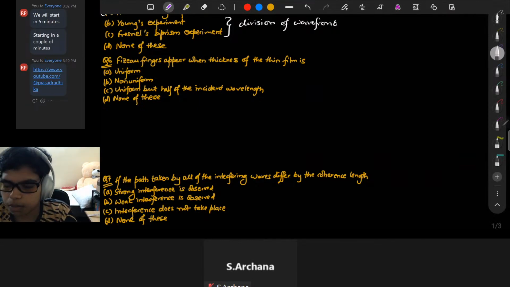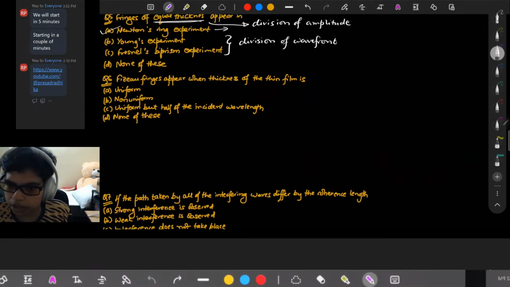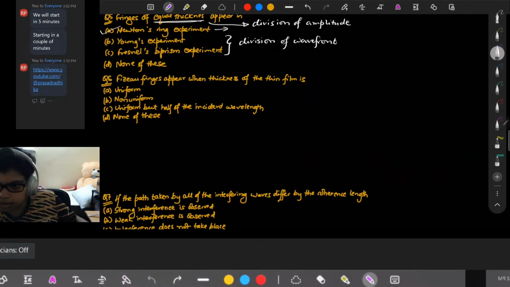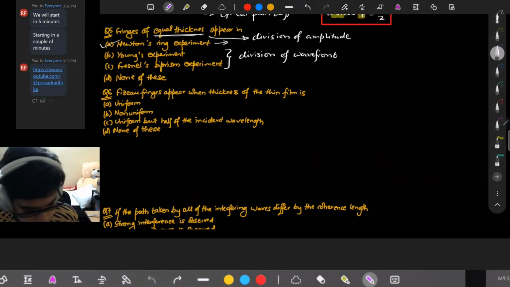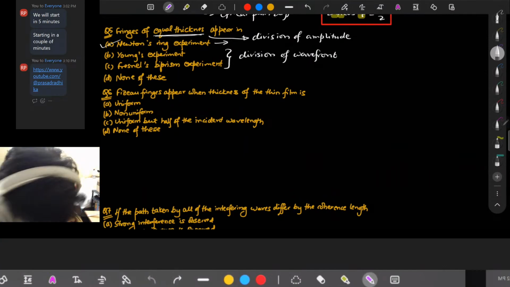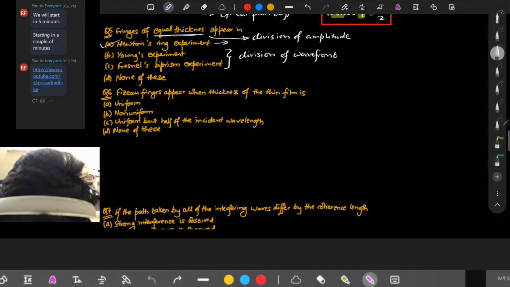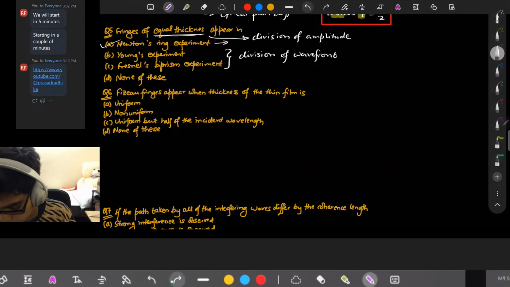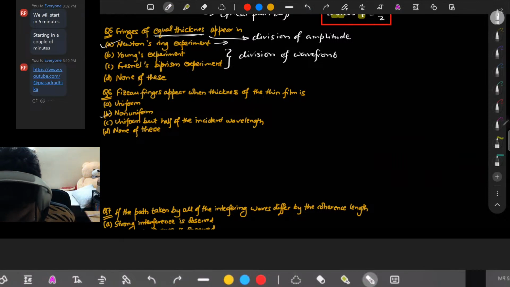Okay, so let me stop the poll now. All of you have selected all different kinds of options. So the correct option is option B. Let me change the color of my pen. The correct option is non-uniform.